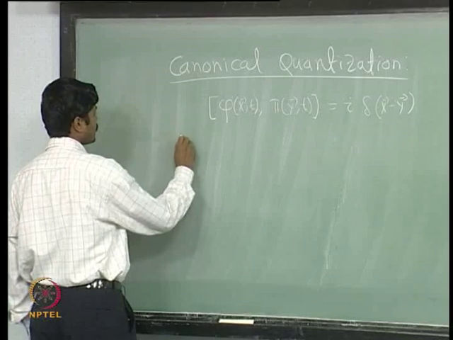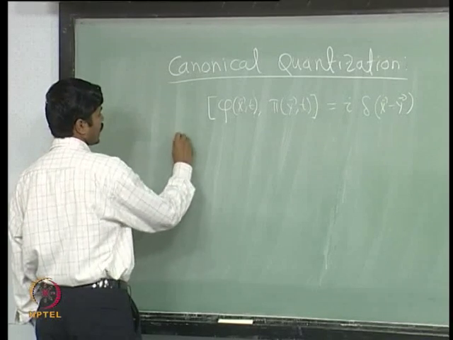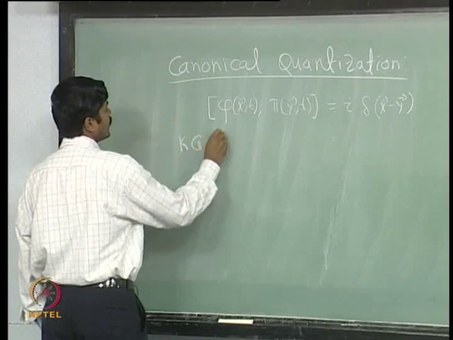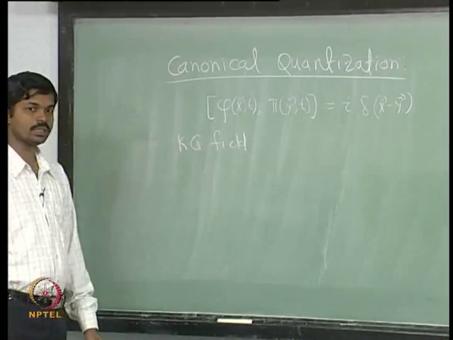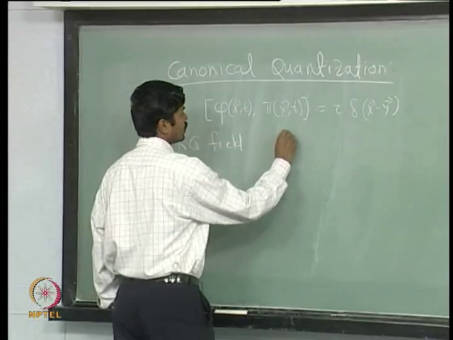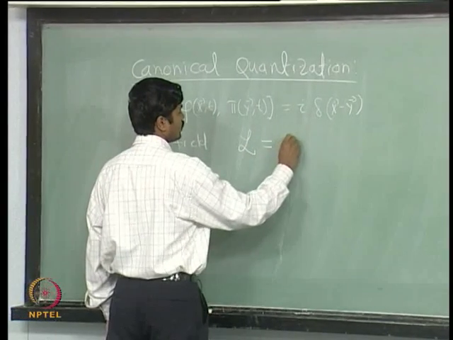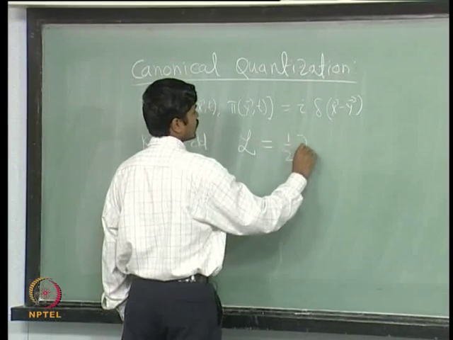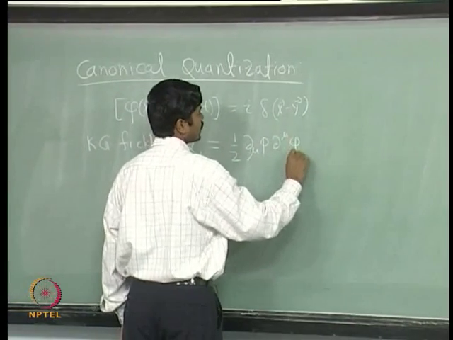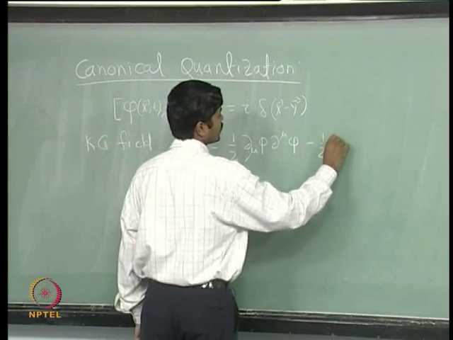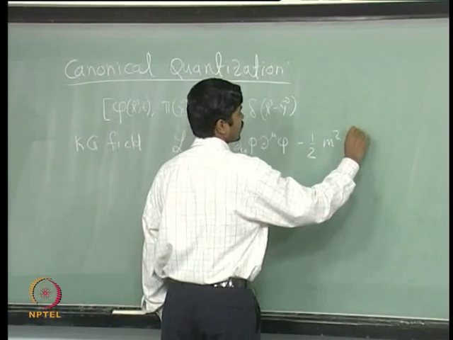We were discussing the example of the Klein-Gordon field, for which the Lagrangian density is given by L equals half (del mu phi)^2 minus half m squared phi squared.